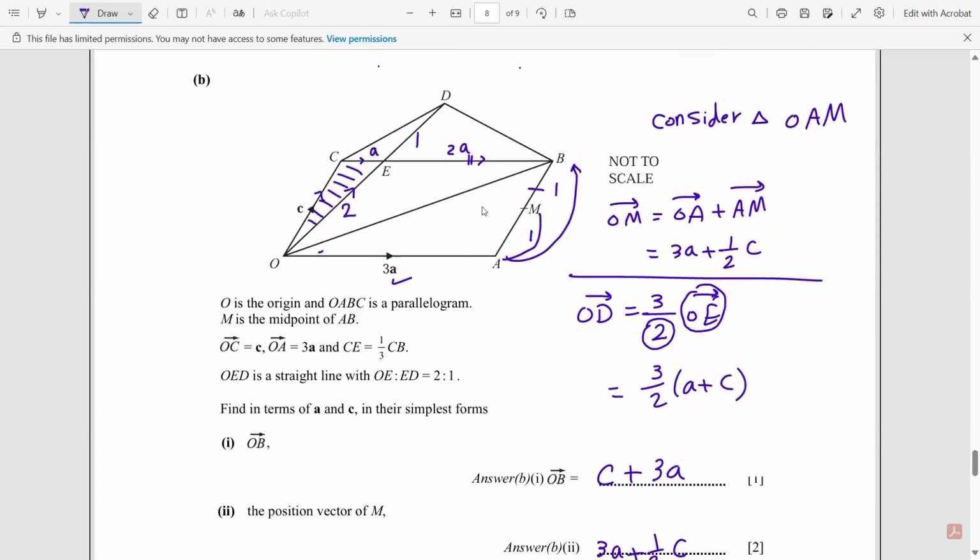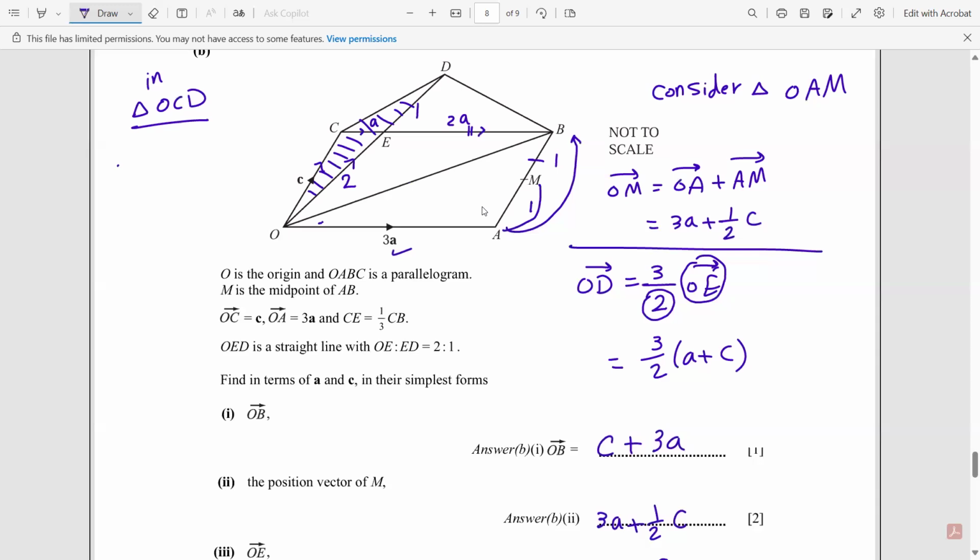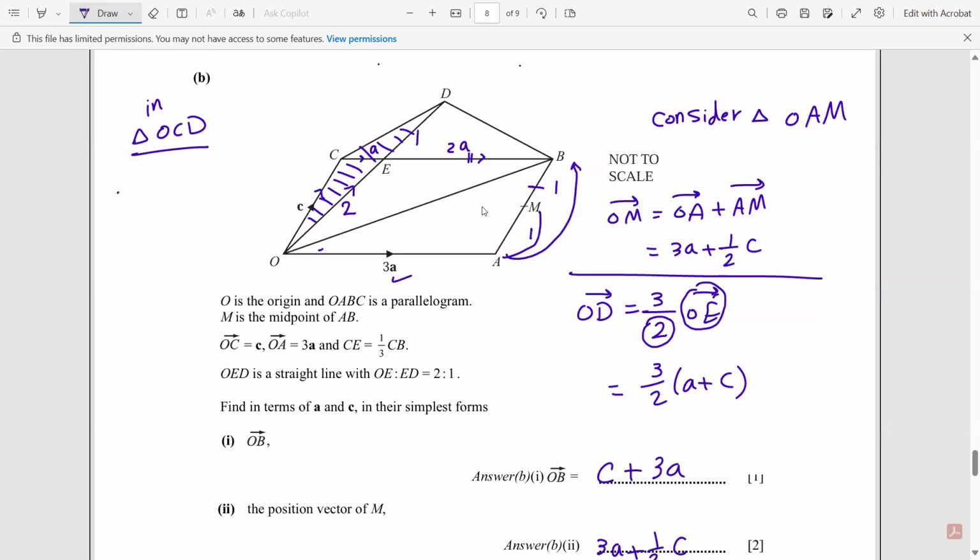Now, if you want to find the CD, consider triangle OCD. In triangle OCD, the vector CD that I want to find is simply CO, which is negative C, plus OD that I found now, 3 halves A plus 3 halves C by using the distributive property.